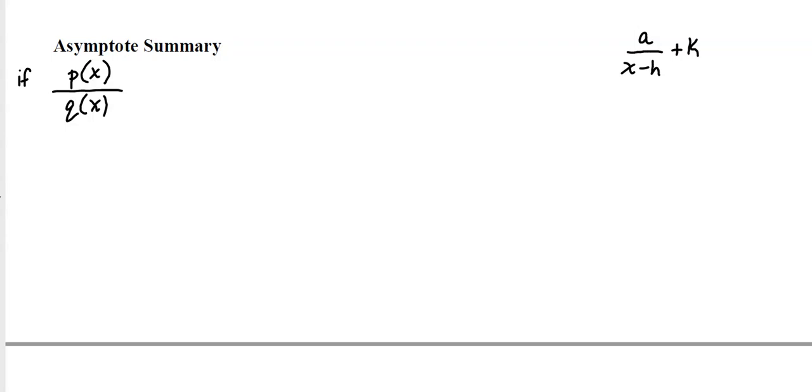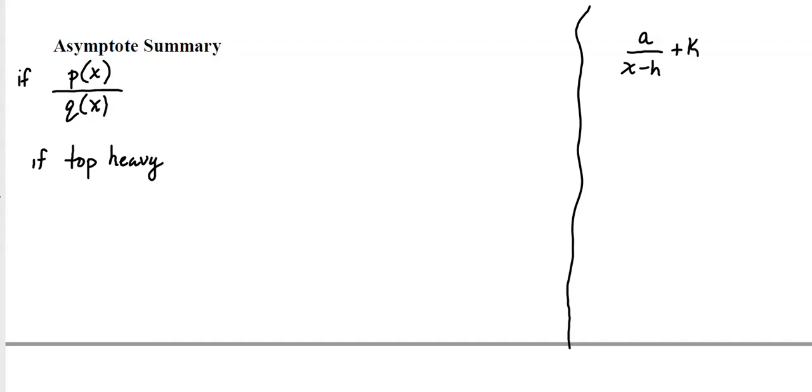All right, so when this happens, here's what I want you to remember. If you are top heavy, and you might be like, well, what the heck? What do you mean by top heavy? I'll explain that in a second. But if you're top heavy, then you're going to have no horizontal asymptote.